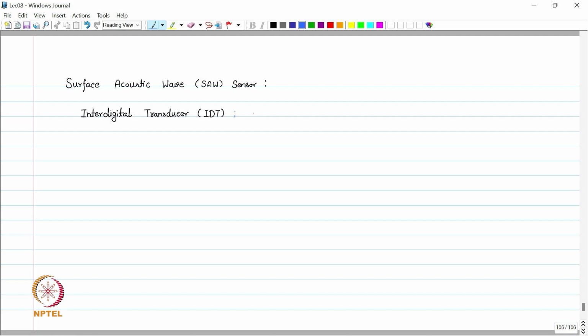This consists of two interlocking comb type shapes, metallic coatings applied to a piezoelectric substrate.